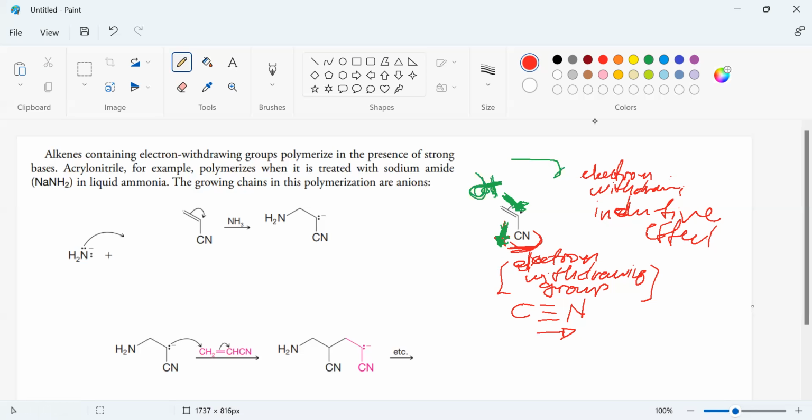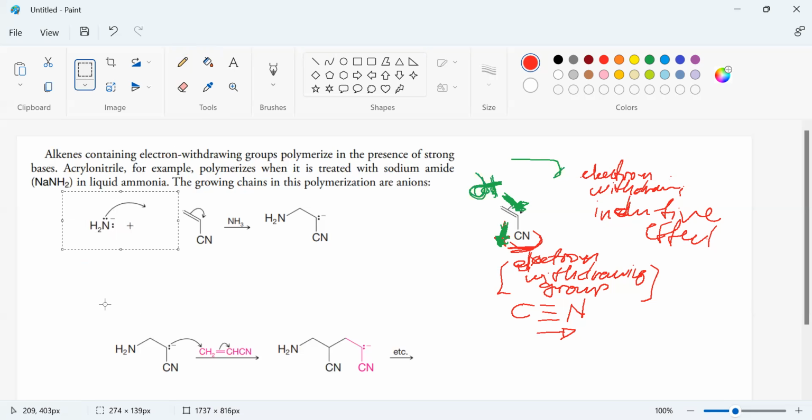Okay, so because this one is somewhat partially positive here by virtue of this group, the nucleophile, which is electron rich, can form a bond here, can attack this carbon, because it becomes depleted of electron density.